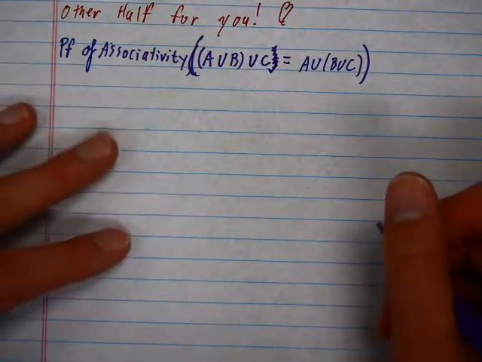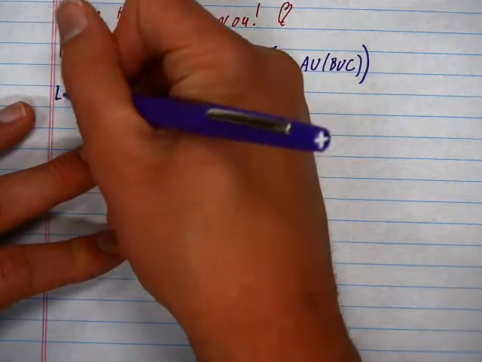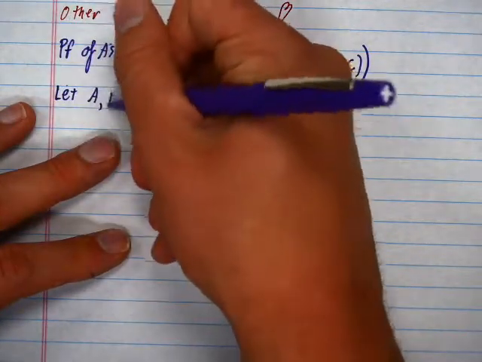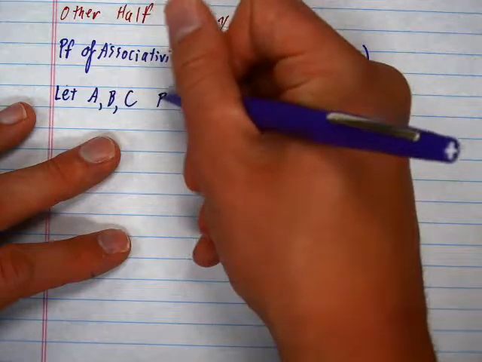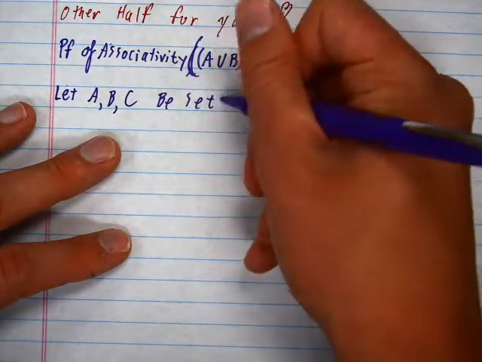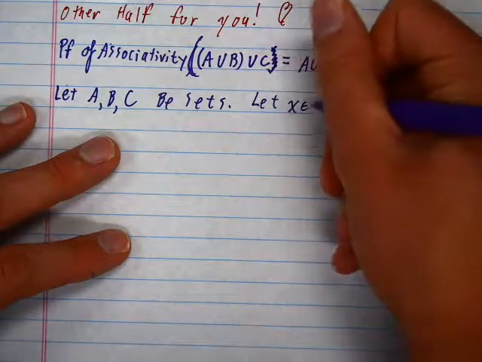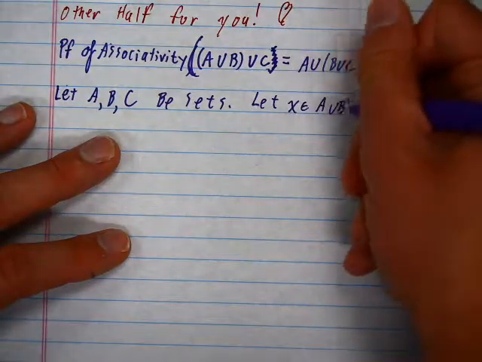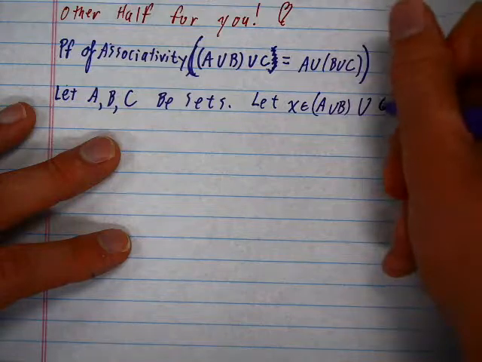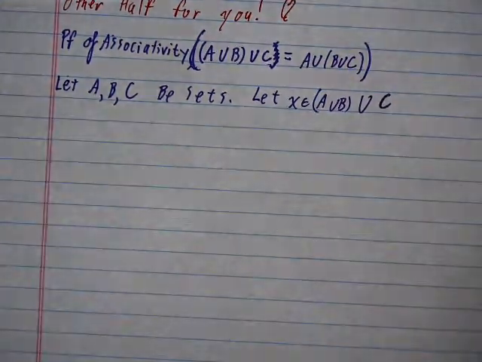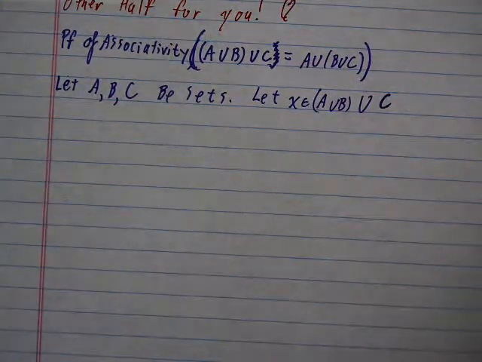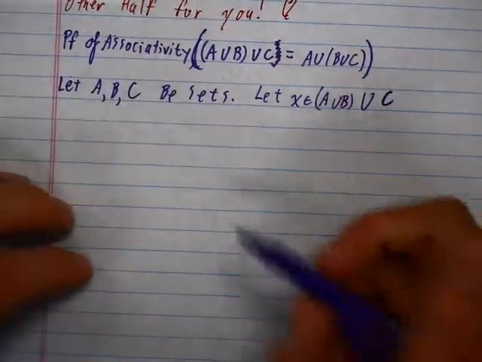All right, well, let's do it. So let's let A, B, and C be sets. Let's let x be an element of A union B union C. Well, so let's see.